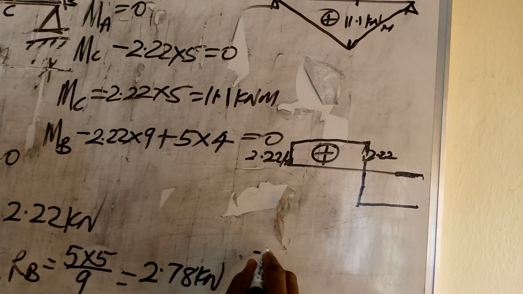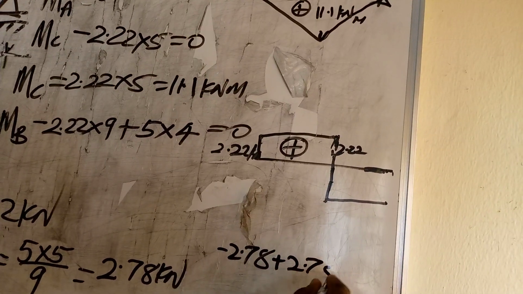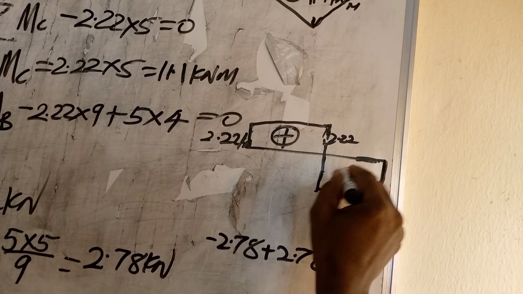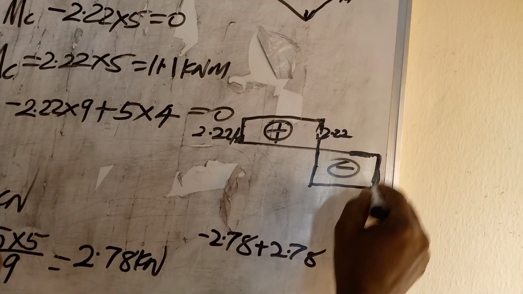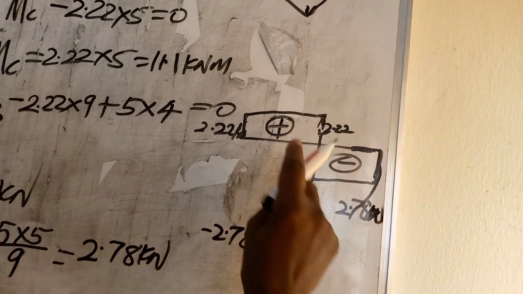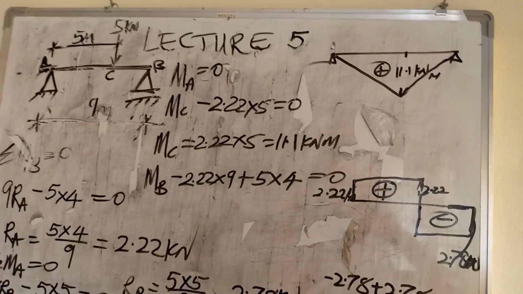That means minus 2.78 plus 2.78, so it closes at 0 here. This is negative. This is the shear force diagram.